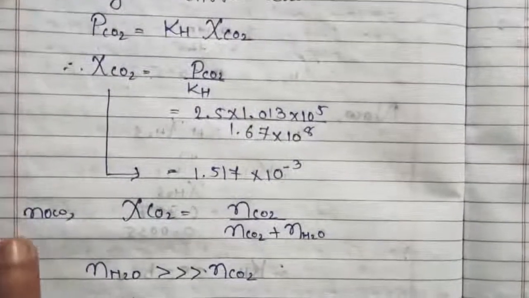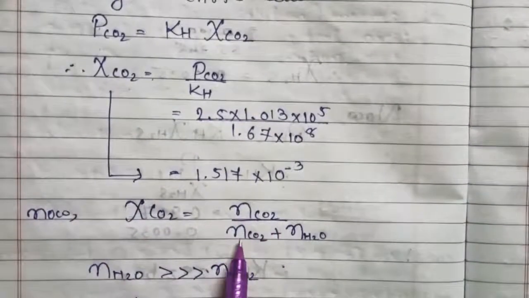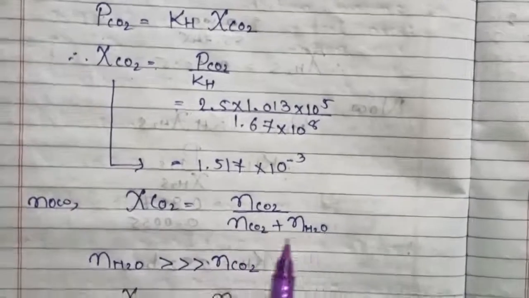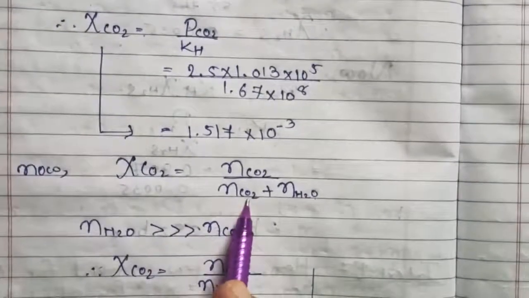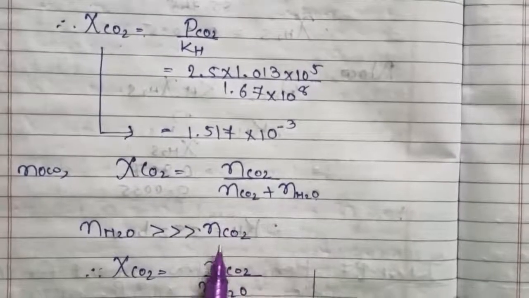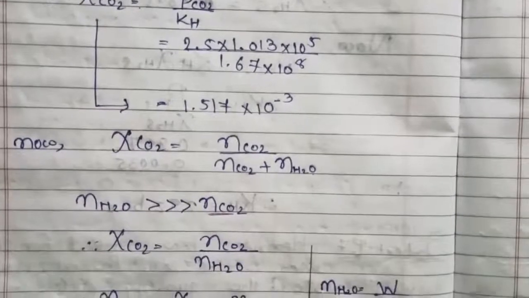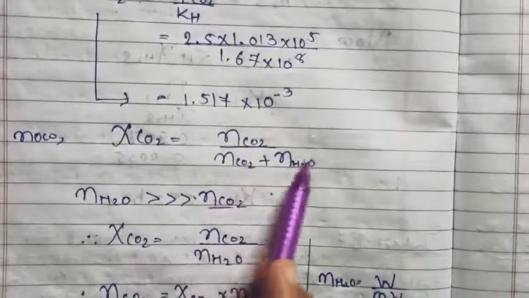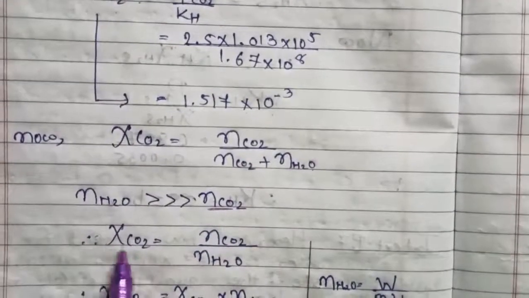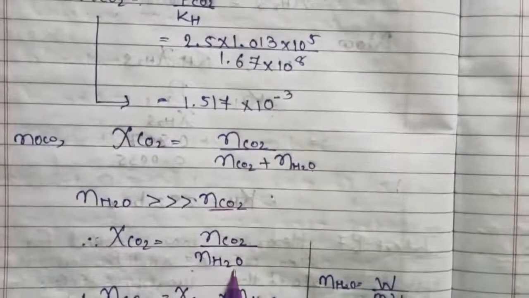Now the mole fraction of CO2 equals moles of CO2 divided by total moles. Here the moles of CO2 are very much less than the moles of H2O, so we can neglect the moles of CO2 in this term. So mole fraction of CO2 equals moles of CO2 divided by moles of water.